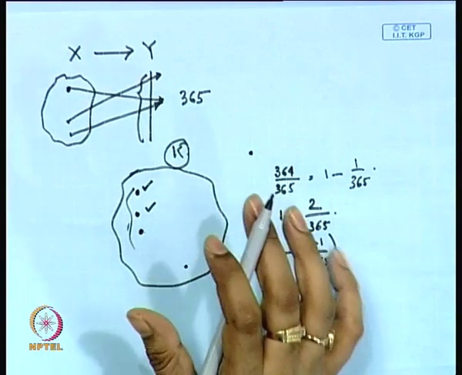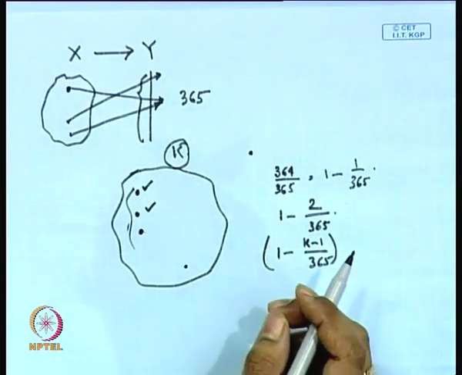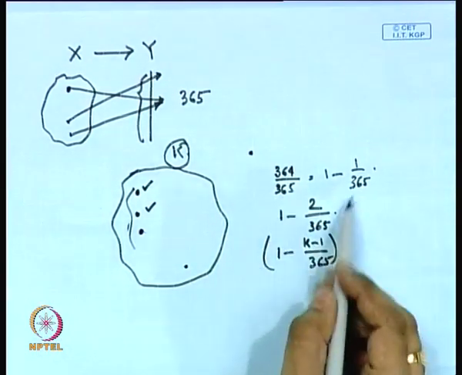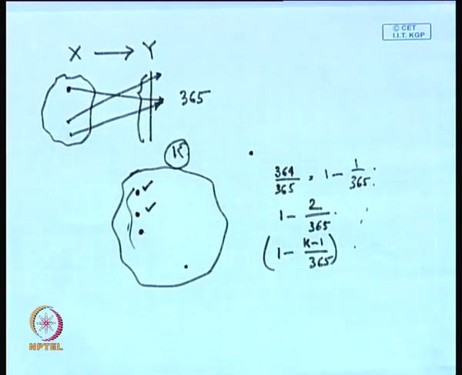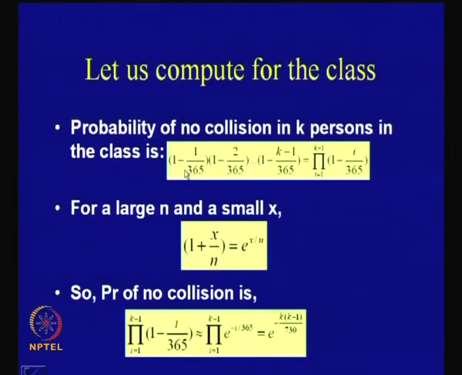All of them are independent events, so the probability of no collision among these k persons is the product: 1 minus 1 by 365, times 1 minus 2 by 365, up to 1 minus (k minus 1) by 365.